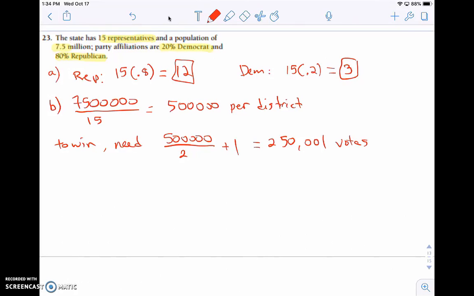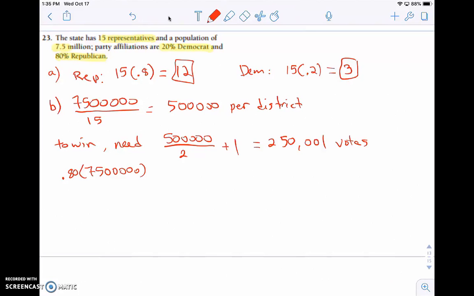Now, with knowing that information, we need to find out how many seats the Republicans could win. The Republicans are 80% of the 7.5 million, so we take 80% of 7.5 million.